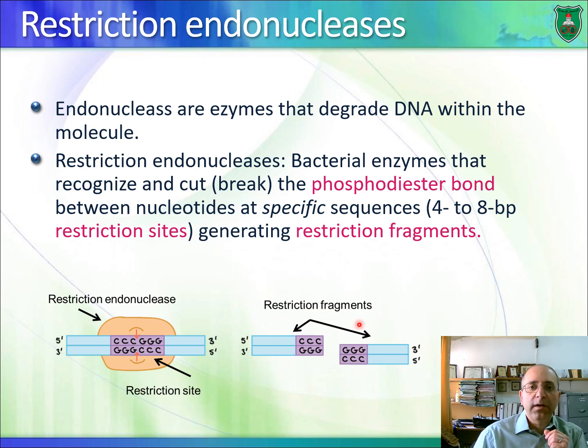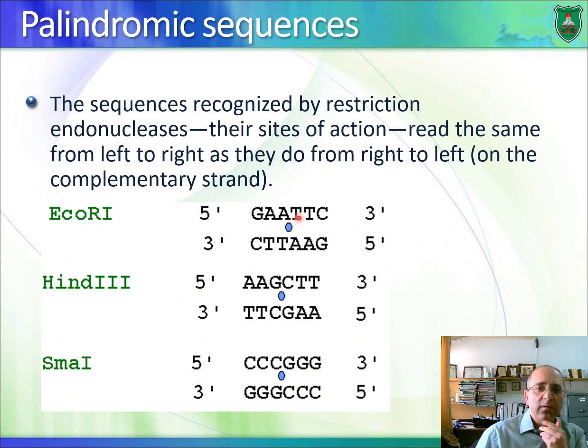What the enzyme does exactly is that it breaks the phosphodiester bond that exists between nucleotides. There are different restriction endonucleases, and notice that they recognize palindromic sequences. What do we mean by that? Well, look at the restriction site for this enzyme right here, EcoR1.